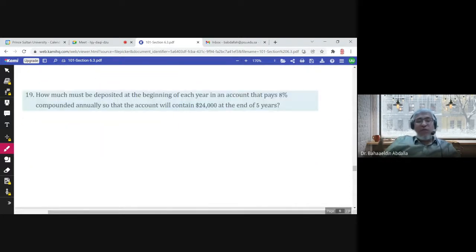How much must be deposited at the beginning of each year in an account that pays 8% compounded annually? So I in this case is 0.08 because it's compounded annually. And N is 5 years.